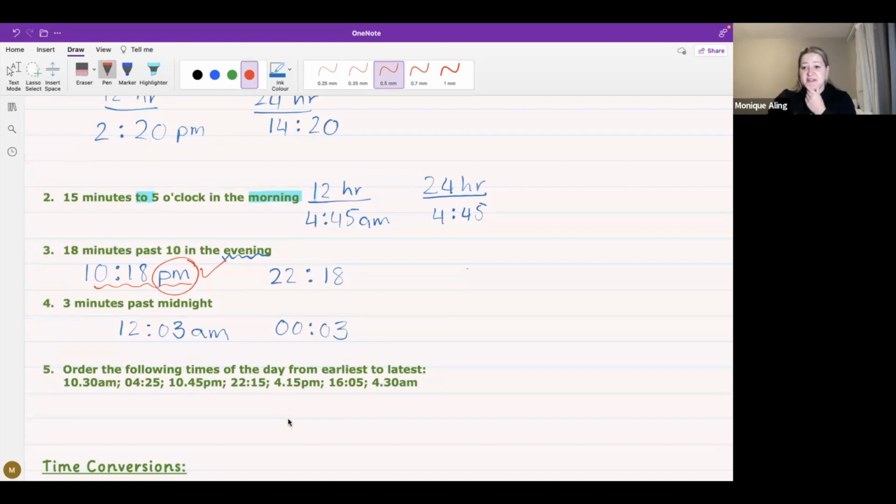Okay, we're going to have to do this one by one. What is the earliest time? Leah raised a hand. Yes, Leah. It's 04:25. Perfect.